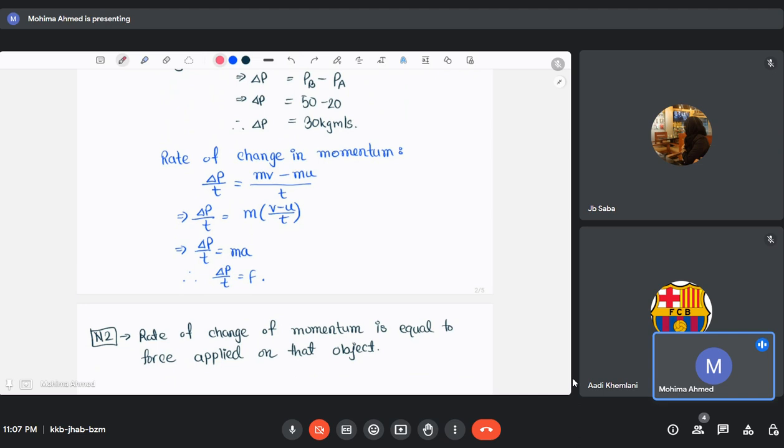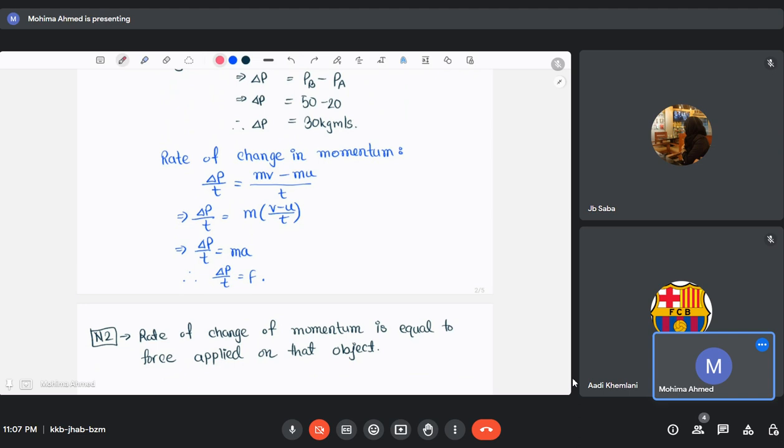Is there any problem so far? If there is no problem, then we will solve example questions. I've already uploaded one example question in the classroom. After that, we will move into the law of conservation of momentum.